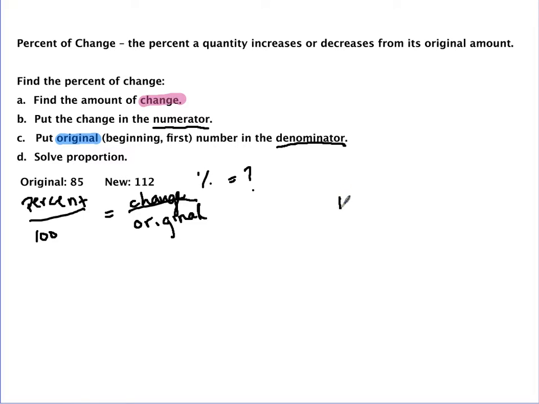Okay, so the change in this case is 112 minus 85. I'm going to get 12 minus 5 is 7, 10 minus 8 is 2. So the change is equal to 27. So I want to know what percent of 85 is 27.